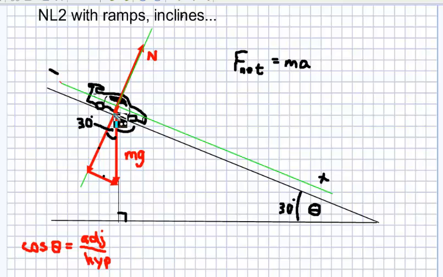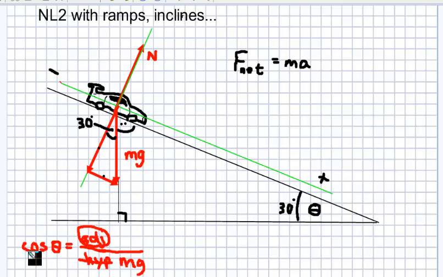And if we look at this side right here, this side is adjacent to the 30-degree angle. So if I'm trying to describe this side right here, it's the adjacent side. My hypotenuse is equal to mg, so I can replace the hypotenuse with mg, the gravity force. This is, after all, a force triangle that we're looking at.